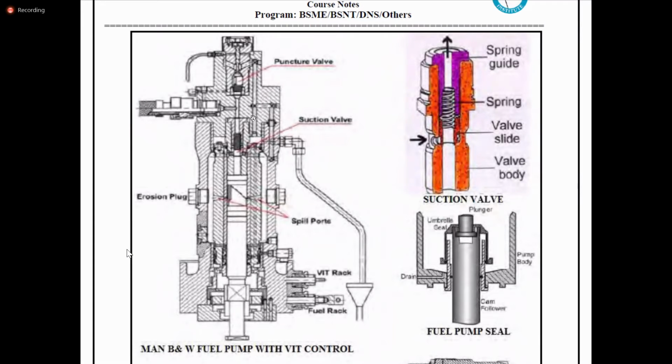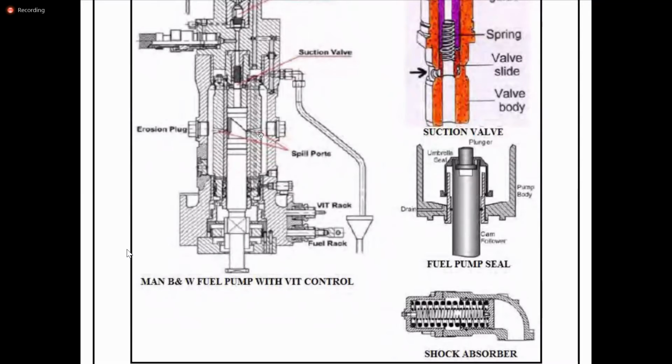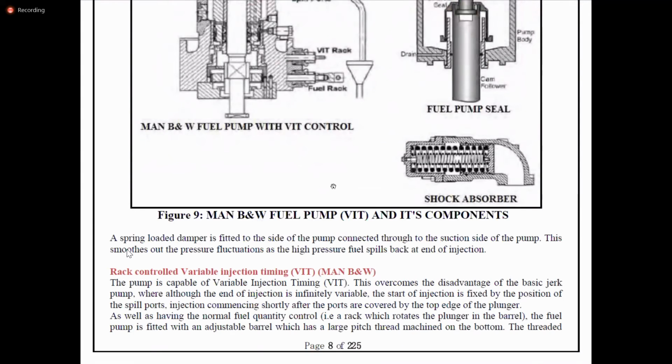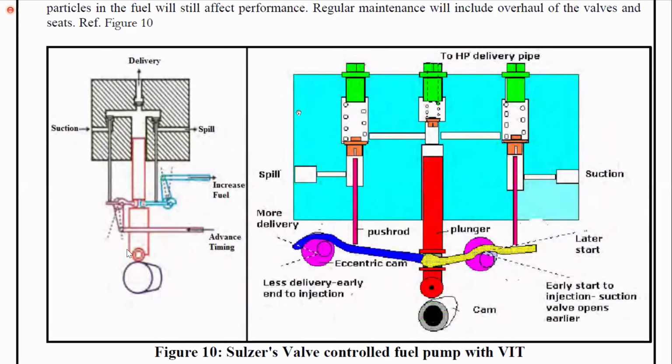Now, going back to the Sulzer type of pump. Since you know what VIT is, how it is working, how it is beneficial, and how it works for a MAN B&W type of pump, you should also know how VIT will be functional for this Sulzer type of pump. So can somebody explain to me? I think we already discussed.